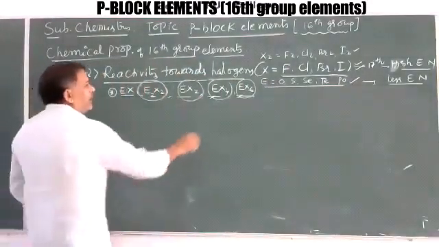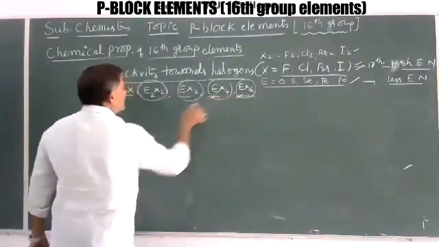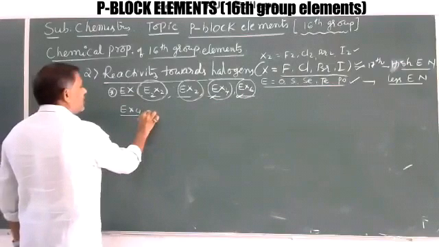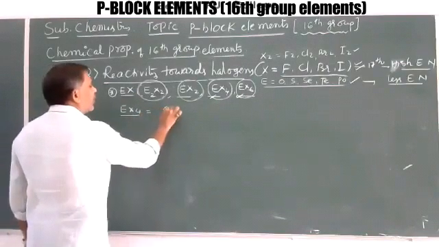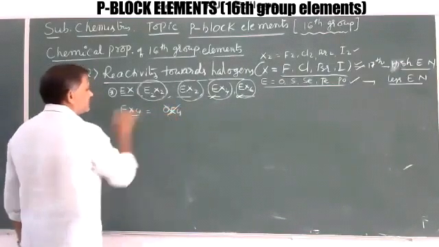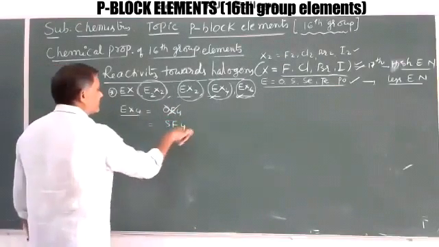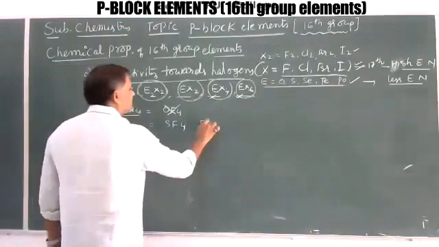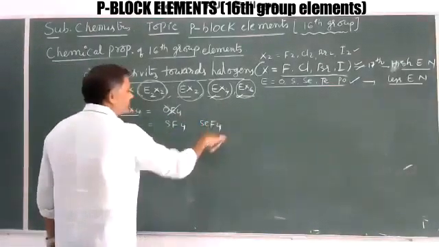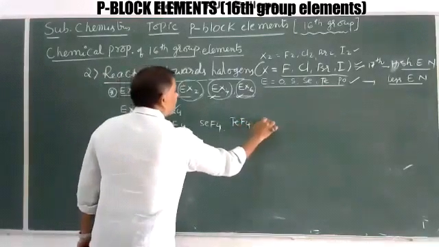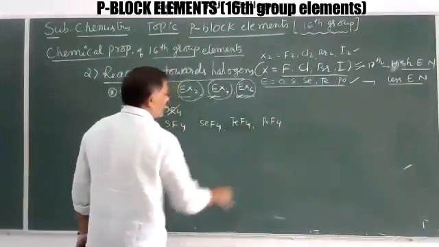After hexafluorides, the next one is tetrafluorides. Generally, oxygen is not possible; OF4 is not possible. SeF4 is possible. TeF4 and PoF4 are also possible. Among these, SF4 is the more stable.